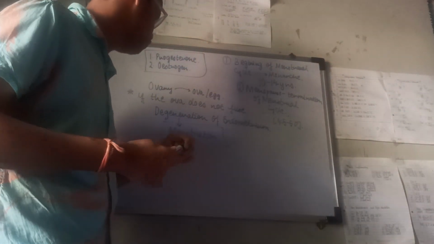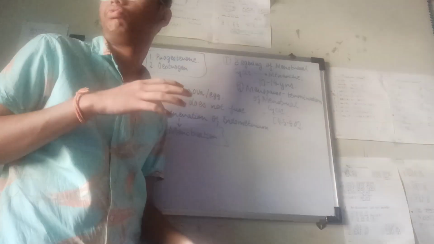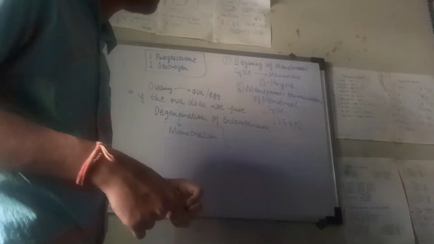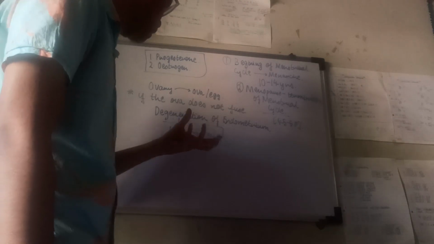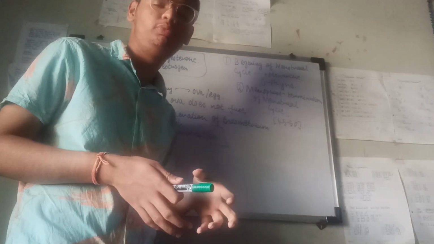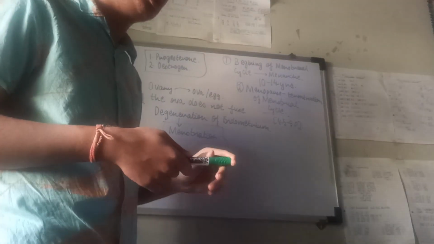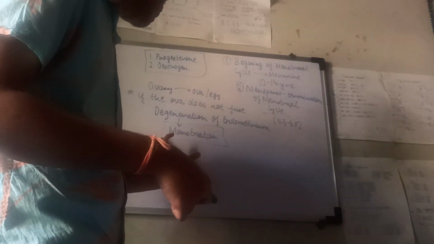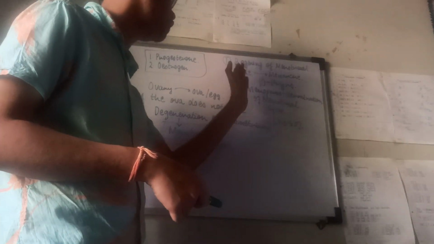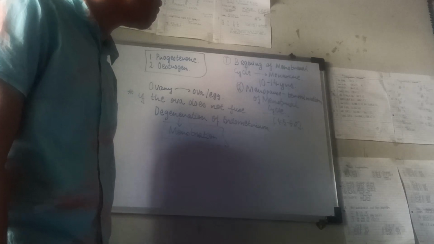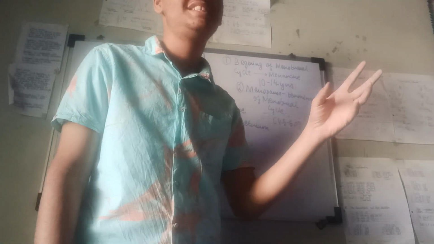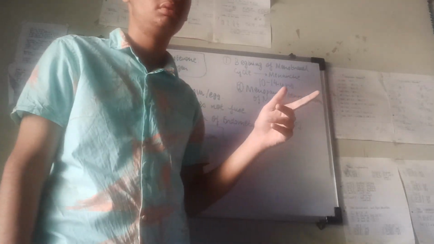Now the second condition was, if the ova does not fuse, then degeneration of the endometrium will take place, and shedding of blood from the vagina. The beginning of the menstrual cycle is termed menarche, which you will study in 10th standard.